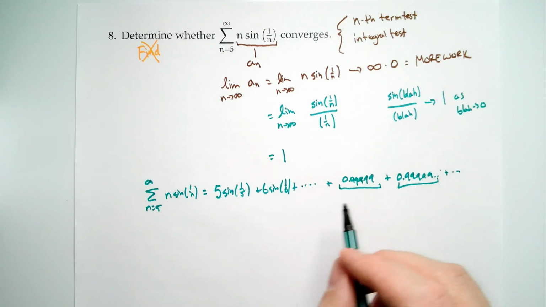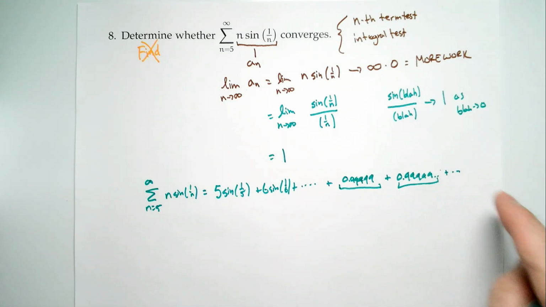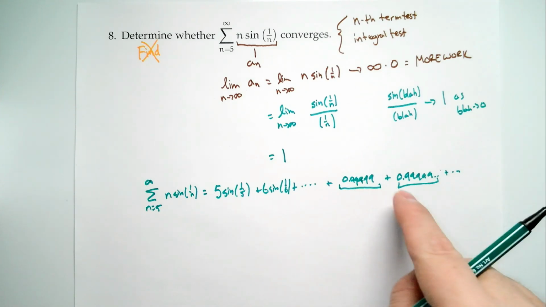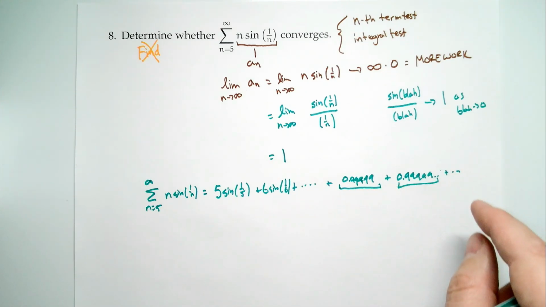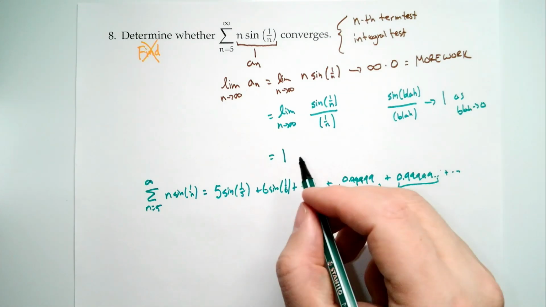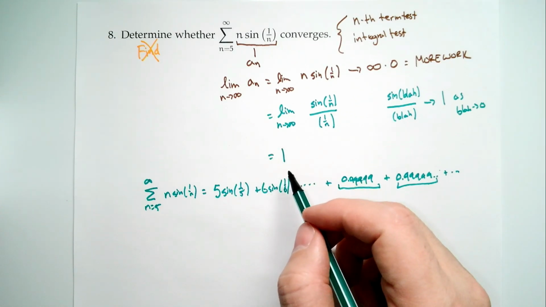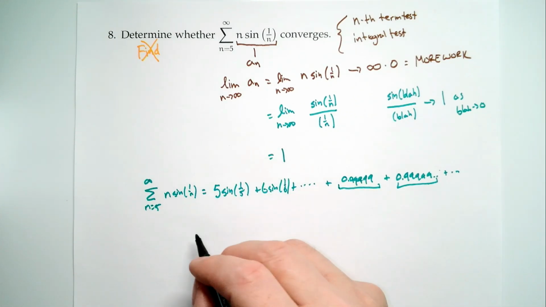So at the end, you're adding up numbers which are all very, very close to 1. If you add up a lot of numbers which are not small, you're going to get something big.